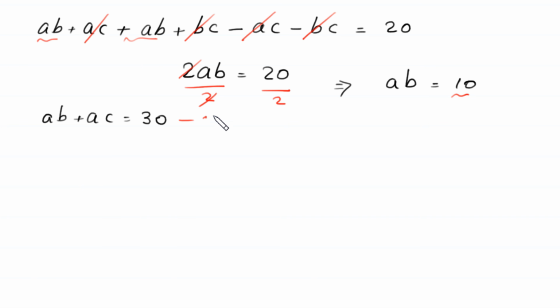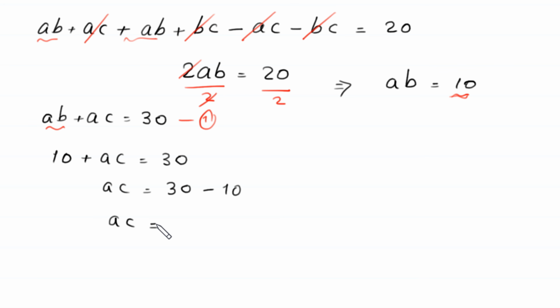In this equation we place this ab with this 10. Then this equation will become 10 plus ac is equal to 30. We move this 10 to the right hand side, then ac will be equal to 30 minus 10, and ac will be equal to 20.